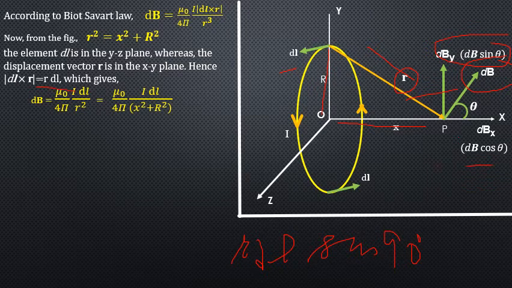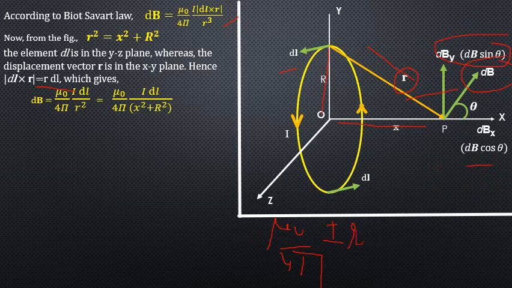So what we do is we just put the value of dl cross r as r dl in this particular equation, and on solving it, what do we get? Mu naught upon 4 pi, and in place of I dl cross r, we write I r dl divided by r cube. So you see that here one r gets cancelled and only r square remains.